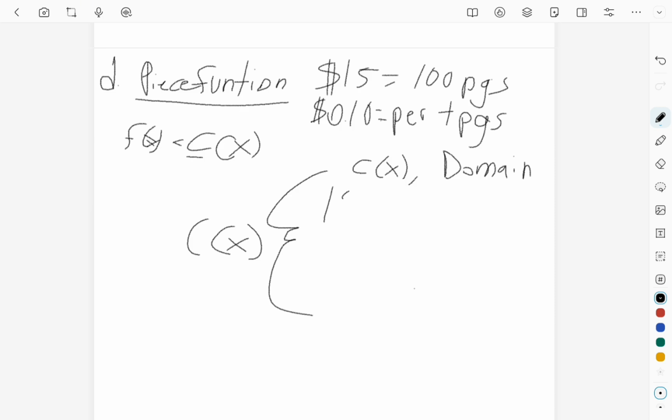We're going to start off with the initial $15, for x printed pages between 0 and 100. Next is our next rule, which is the 10 cents.